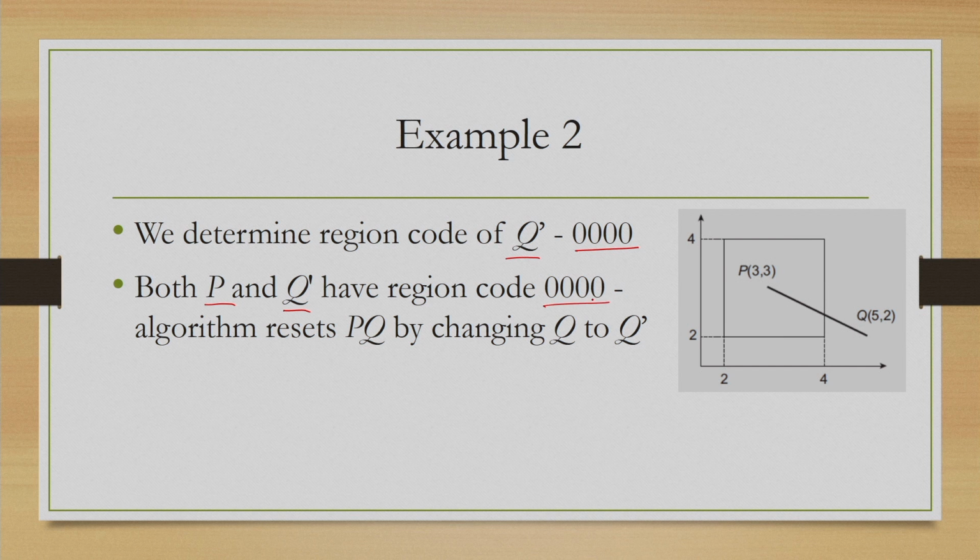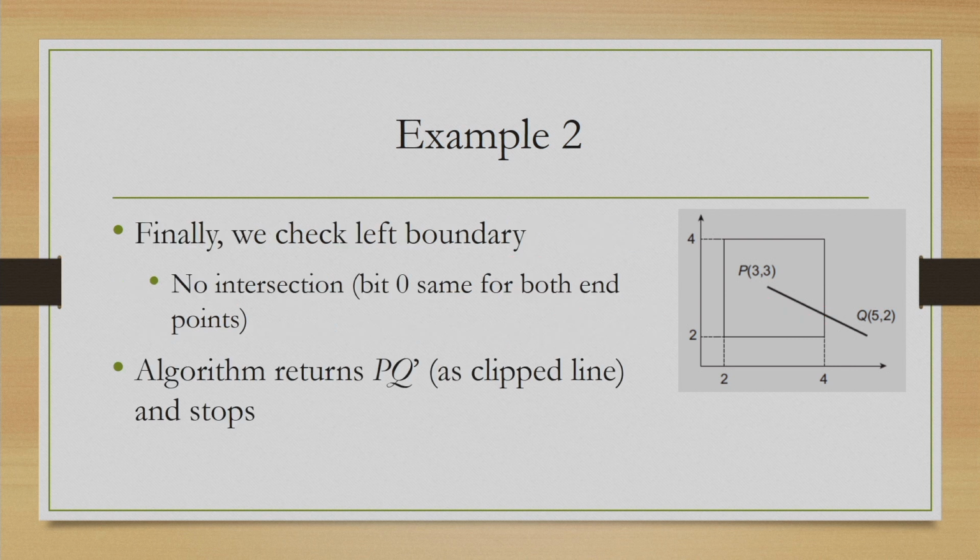So, this segment is entirely within the window and it is retained by changing Q to Q dash. One thing was left earlier: we checked for above, below, right boundary, but we did not check for left boundary.